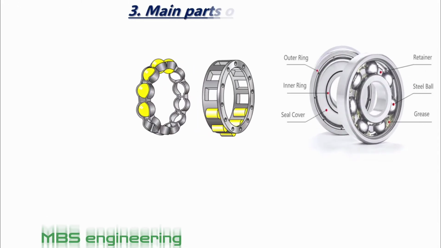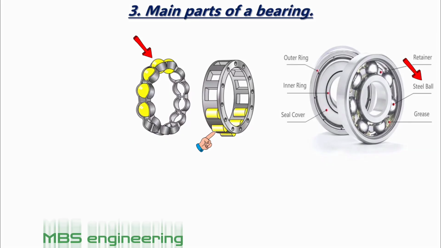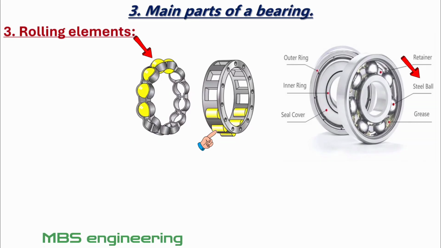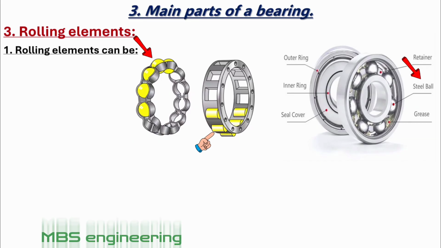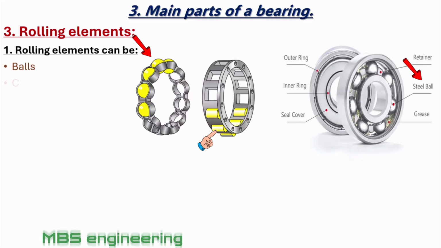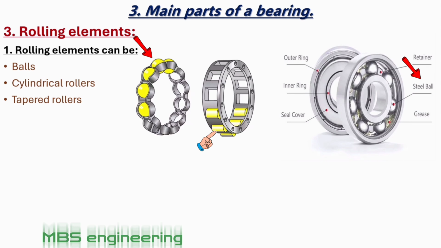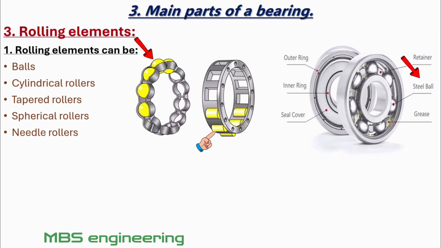Next, we will learn and understand the main parts of a bearing. The third component is the rolling elements. Rolling elements can be balls, cylindrical rollers, tapered rollers, spherical rollers, or needle rollers.